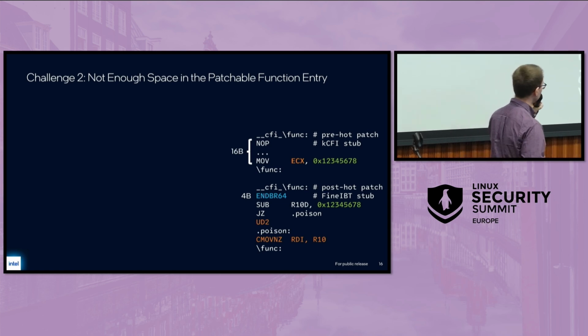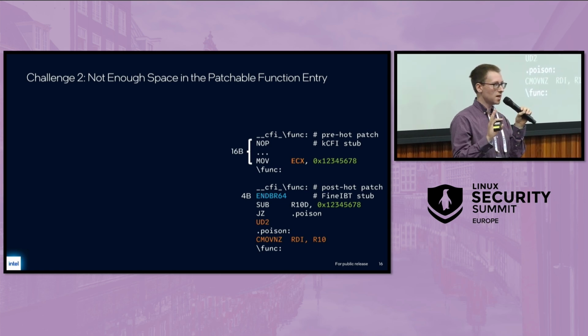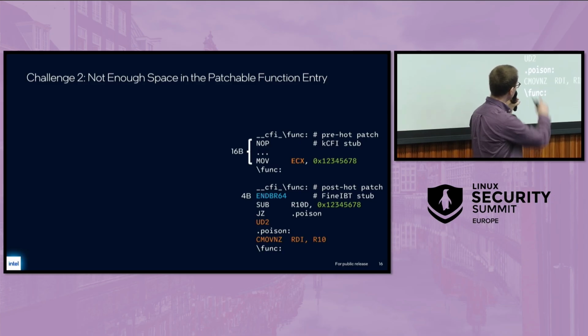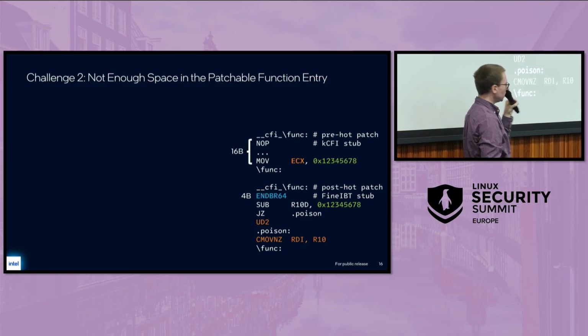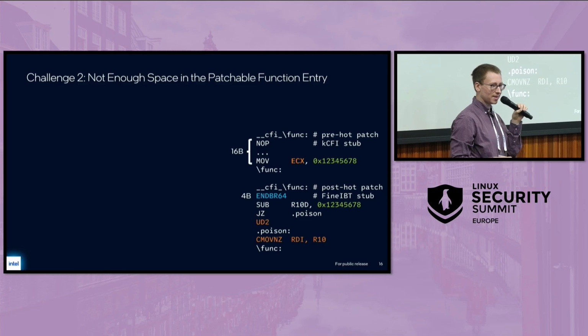I'll help with the first instruction, because I would not know out of hand how many bytes the endbranch 64-bit variant consumes, and it's 4 bytes. Anyone have an idea how many bytes a subtraction by a 4-byte immediate takes? 7. Yes, very good.